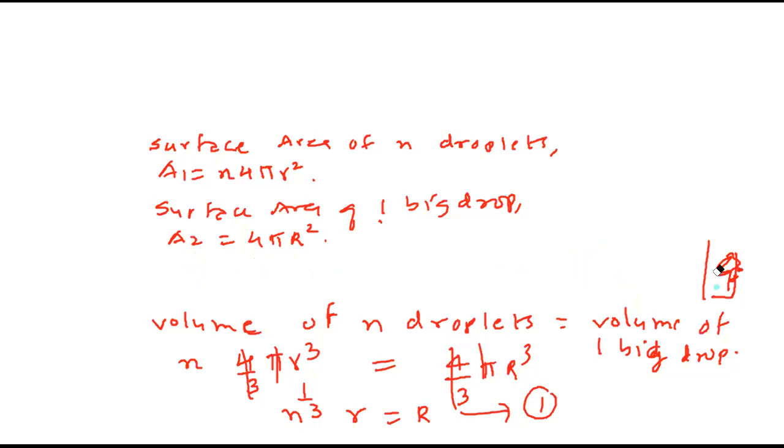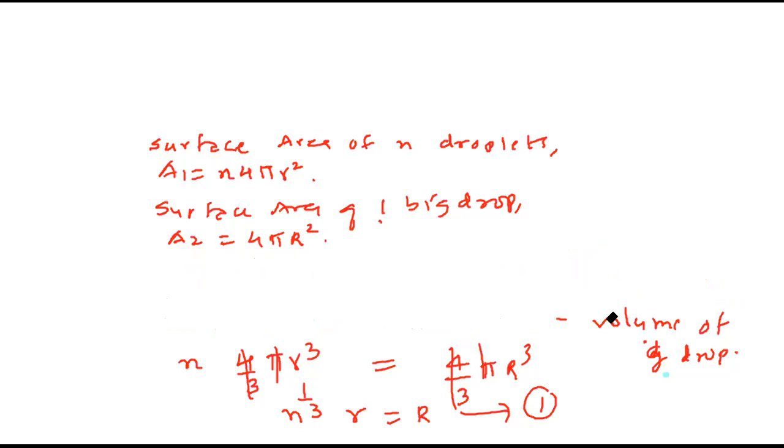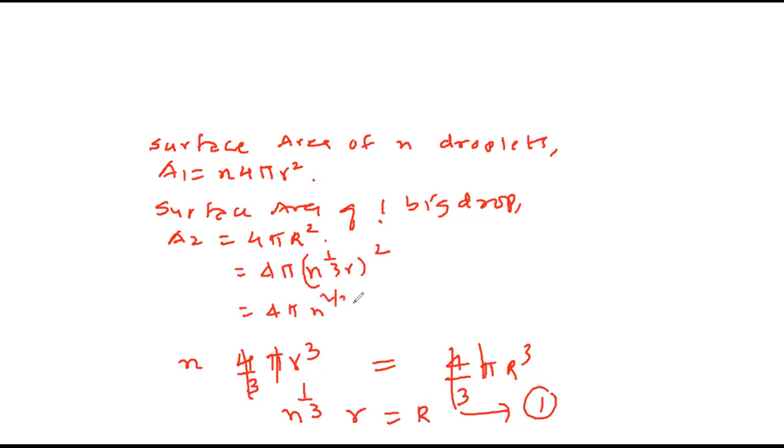I'm converting the big drop's answer in terms of small r. Then change in area is the difference. T into change in area will give me change in energy, which I want the formula of. So 4 pi capital R square means it is n raised to 1 by 3 small r whole square. So it is 4 pi n raised to 2 by 3 into r square.